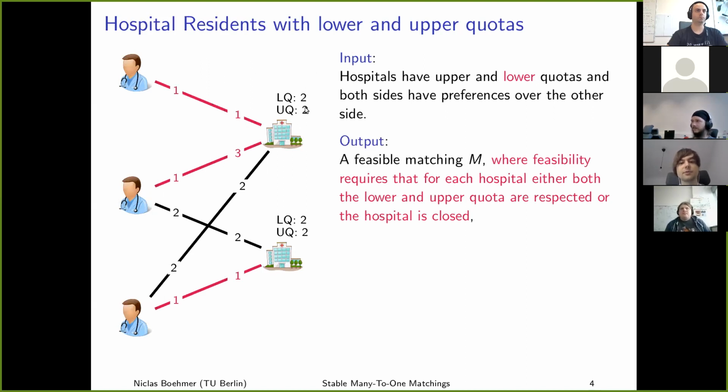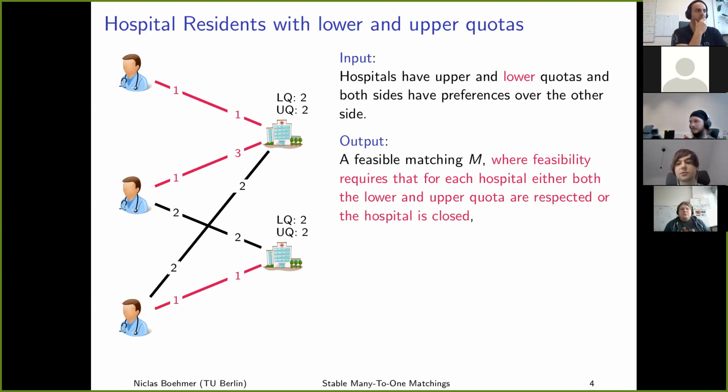And when it comes to feasibility, the definition is still the same. However, now the crucial difference is that for a hospital, we require that both the lower and upper quota need to be respected. So the number of residents matched to it is either equal or above the lower quota, and below or equal to the upper quota, or the hospital needs to be closed.